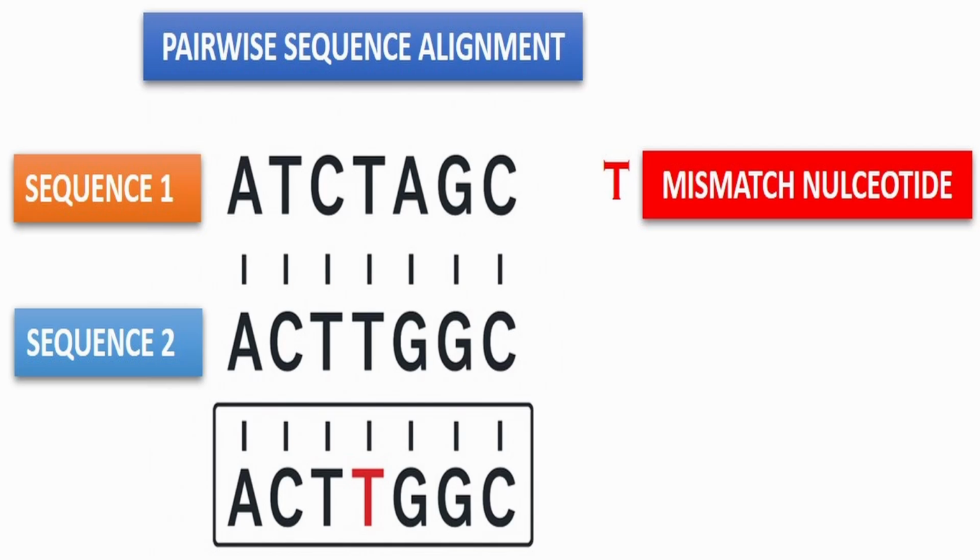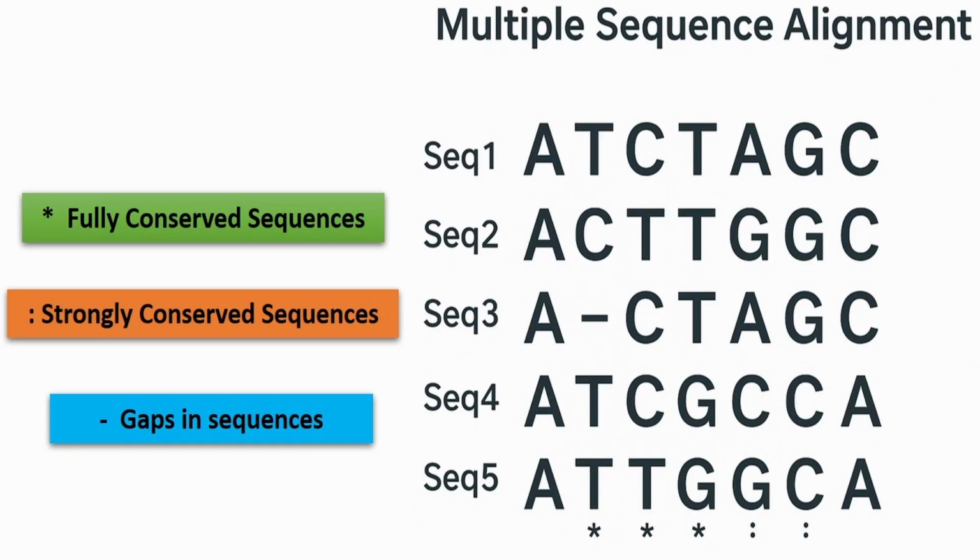In case of pairwise sequence alignment, as the name clearly indicates, we are comparing two sequences. In case of multiple sequence alignment, we are comparing more than two, that is 3, 4 or multiple sequences against each other.